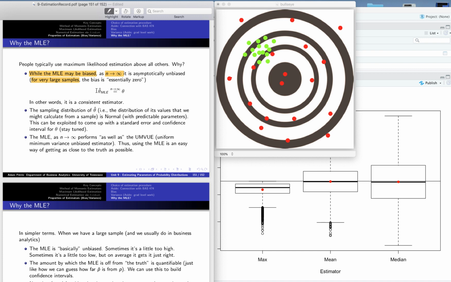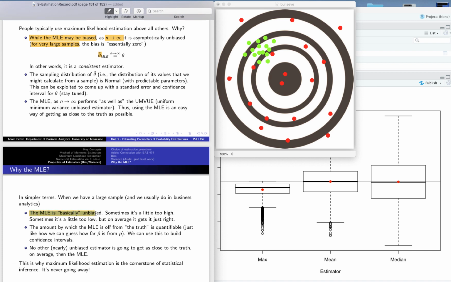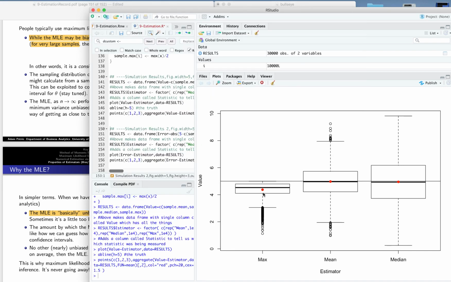So, in other words, as we're dealing with larger and larger samples, the MLE is asymptotically unbiased, using super fancy math terms. In other words, it's a consistent estimator. The MLE, especially for large samples, is basically unbiased. Sometimes it's a little bit too high, sometimes it's a little bit too low, but on average, for large samples, it essentially nails it right on the head. There's no systematic bias making it come in too high or too low.